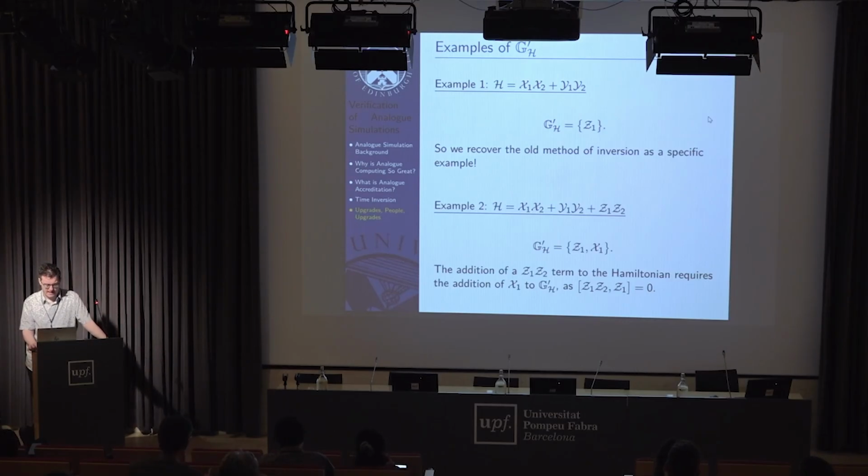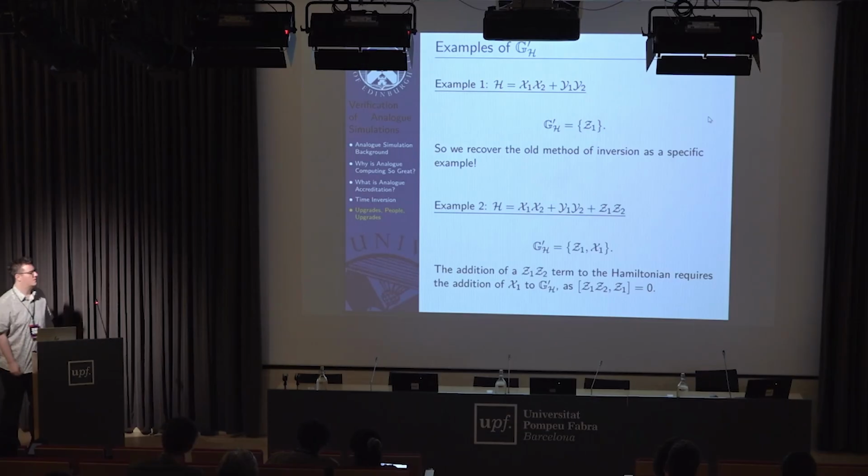A slightly more complex case is if we wanted to add an extra term to this system. We would then have to add an extra term to this G dash gate set. This is just to account for the fact that the Z itself doesn't commute with Pauli Zs, and so we need to add a new term.